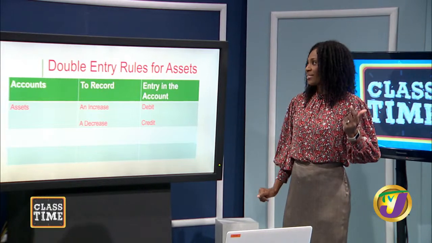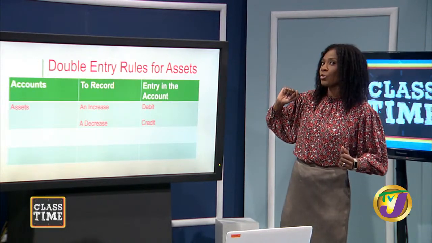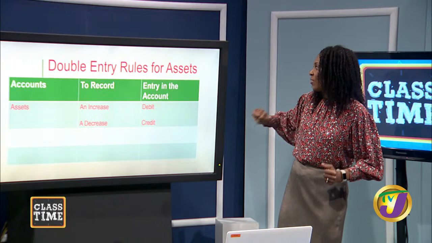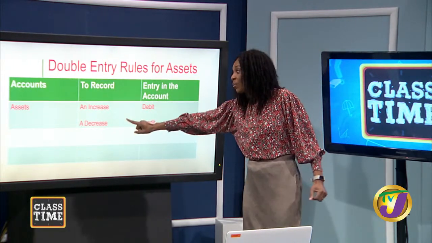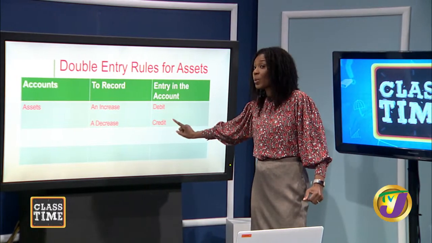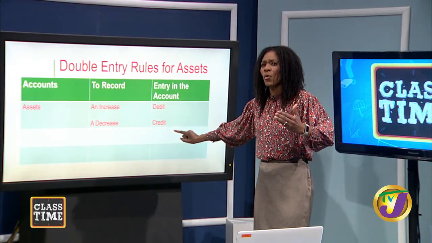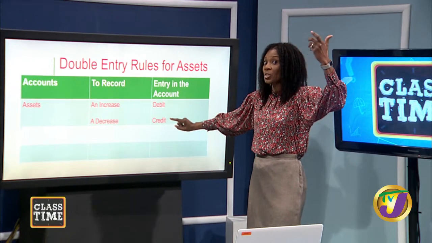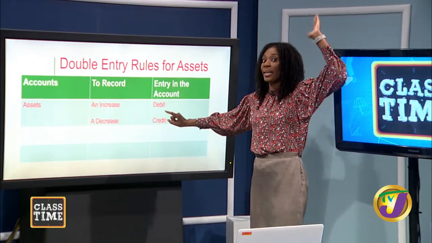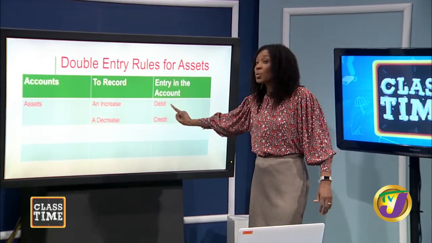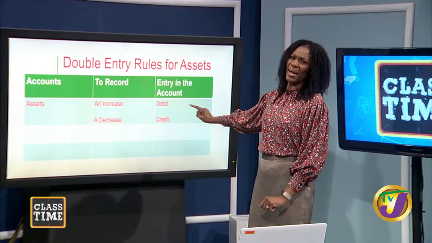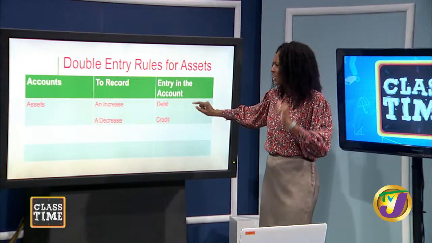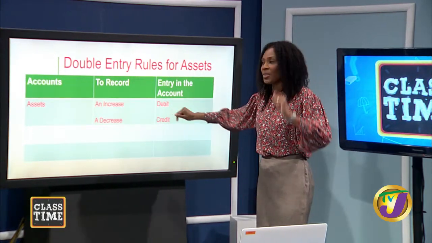For refreshment, the double entry rule that governs asset states that whenever there's an increase in asset, we debit. And whenever there's a decrease in asset, we will credit. So therefore, when we purchase goods, students, we're going to have an increase. So what will we do to the account? Very good. You're learning, man. Every child can learn and every child must learn. We will debit the account.